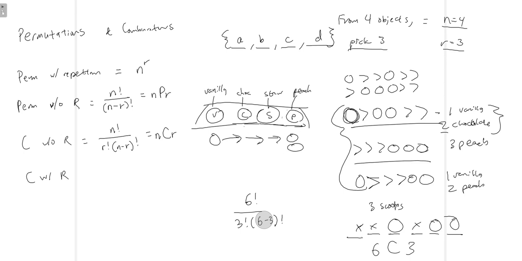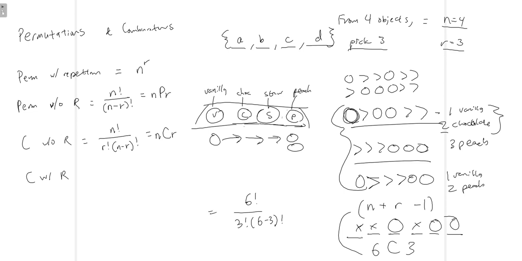So 3 scoops, remember, scoops is our r, and the number of times we have to move over is n minus 1. In total, the positions are r plus n minus 1, which I can rewrite as n plus r minus 1. So that's where this 6 comes from.